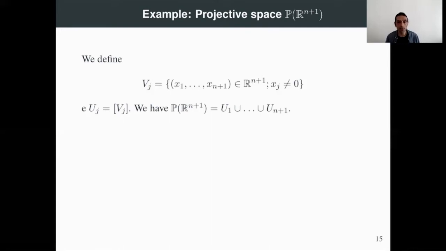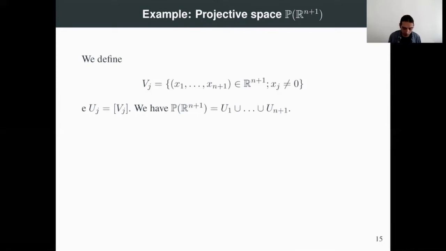That's obviously an open set, and the union of all these open sets is the set of elements of R to the power n plus 1 that have at least one coordinate different from 0. In other words, the space we're working with, the complement of the origin in R to the power n plus 1. So that's great.